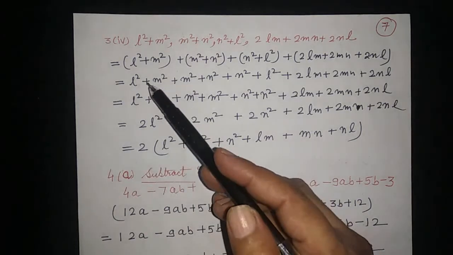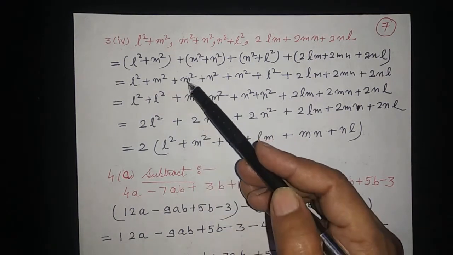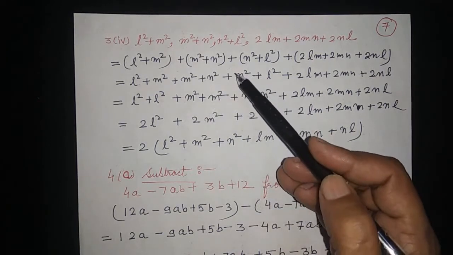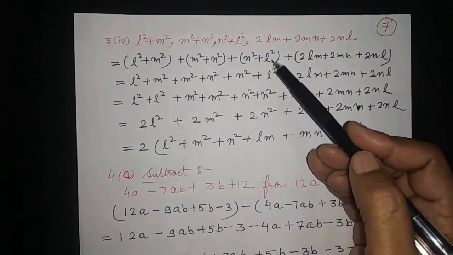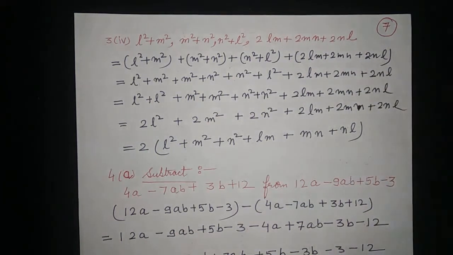So our step will come: L square plus M square plus M square plus N square plus N square plus L square plus 2LM plus 2MN plus 2NL. Now just like the previous part, what we have to do?